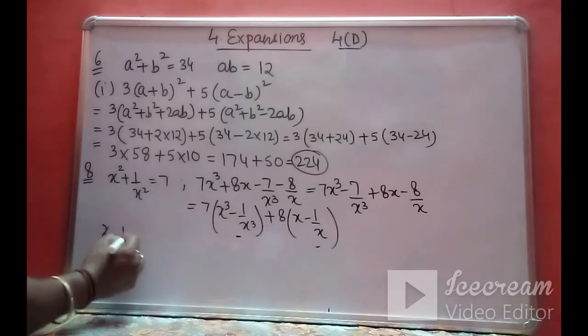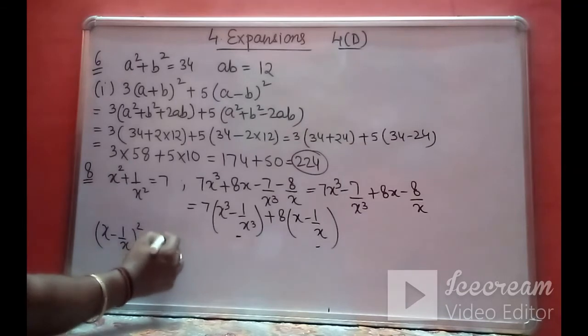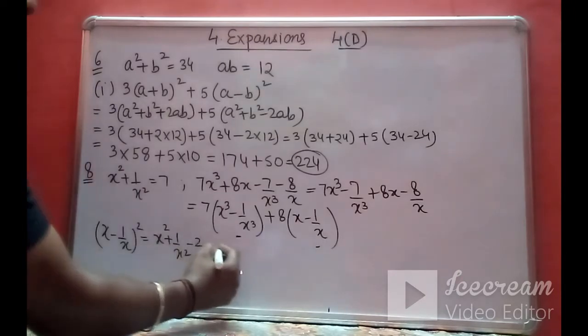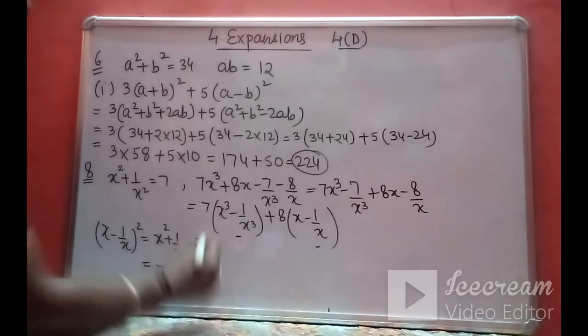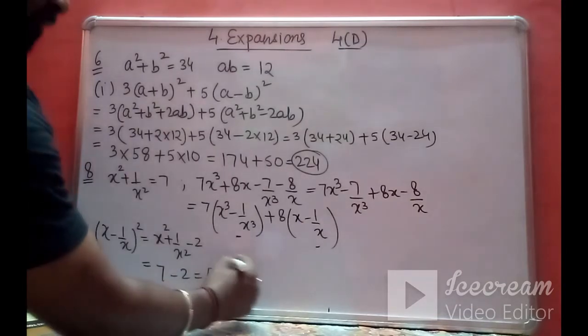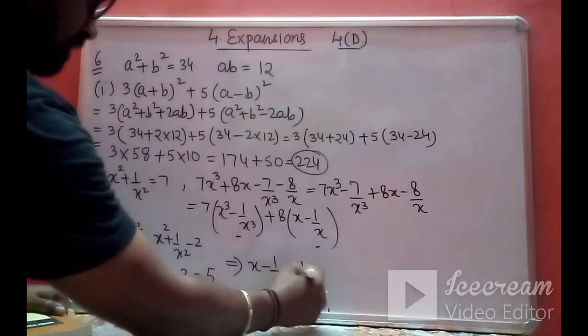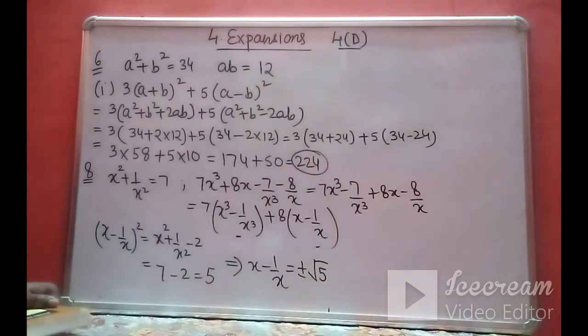X minus 1 upon x whole square is x square plus 1 upon x square minus 2. So that means it is 7 minus 2, that is 5. So from here what we will get? We will get x minus 1 upon x equal to plus minus root 5. Whenever you have the square root, unless it is mentioned, you have to take the values in both plus and minus.